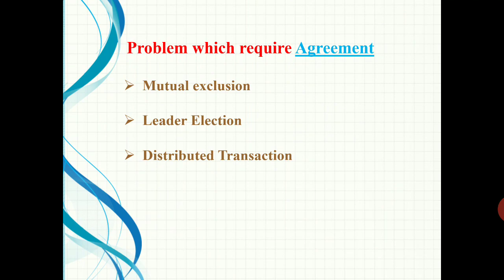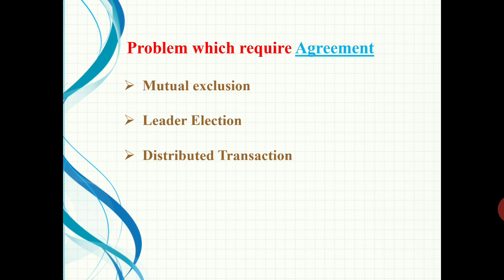Another one is the distributed transaction. In a distributed database, there may be a situation where data managers have to decide whether to commit or abort the transactions. We all know a transaction is a set of logical operations, that is read and write, in the database. In a distributed system, it is running on different systems, different sites or different processes.